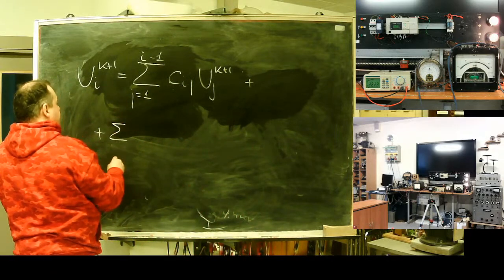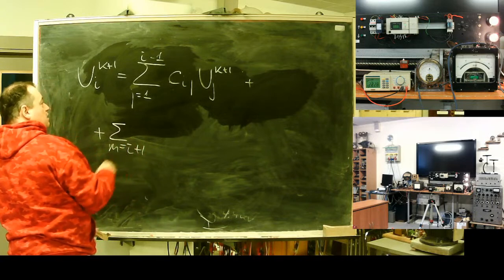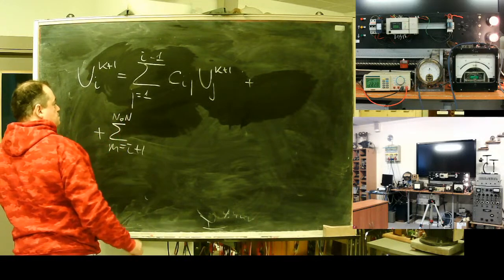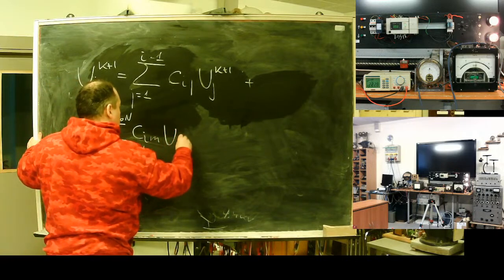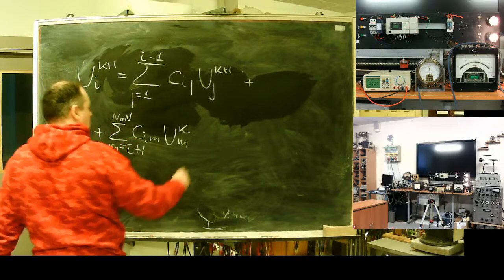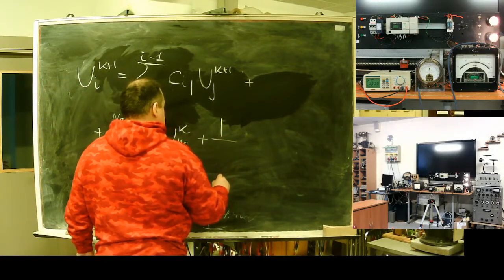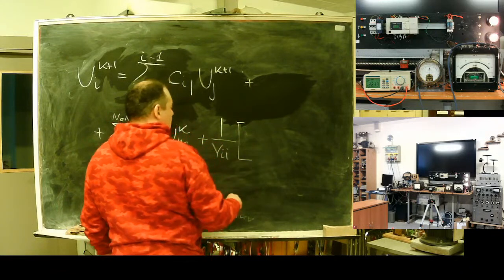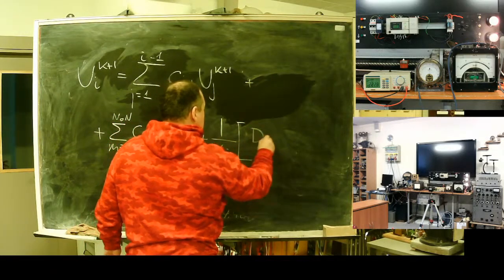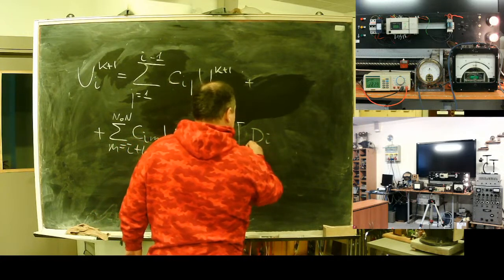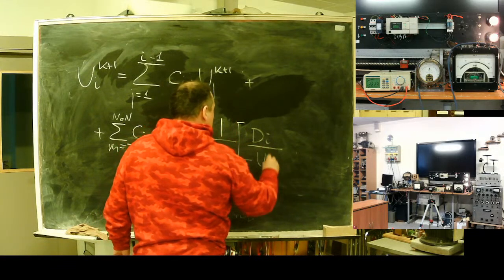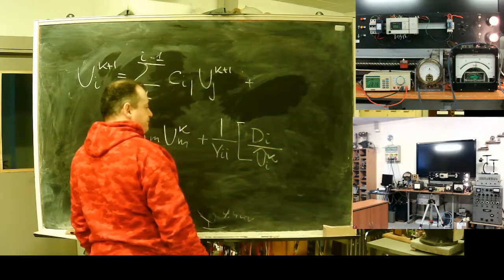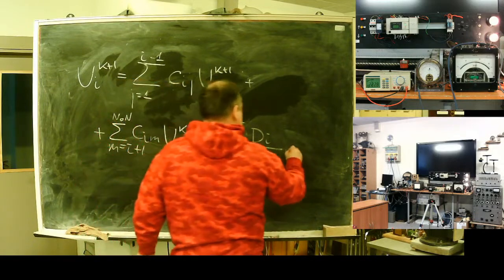Plus sum from I plus 1, I should avoid multiplying by 0, it's useless, to the number of nodes of previous, plus the current divided by the diagonal element, but here should be the power of node I divided by the voltage of the node I conjugated and previous.